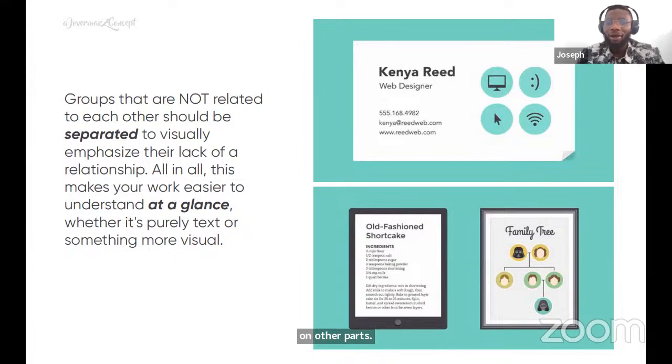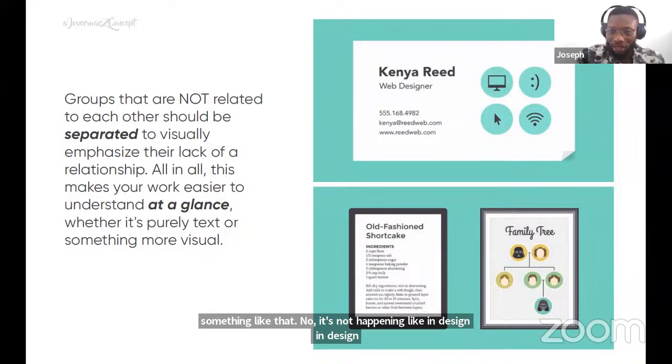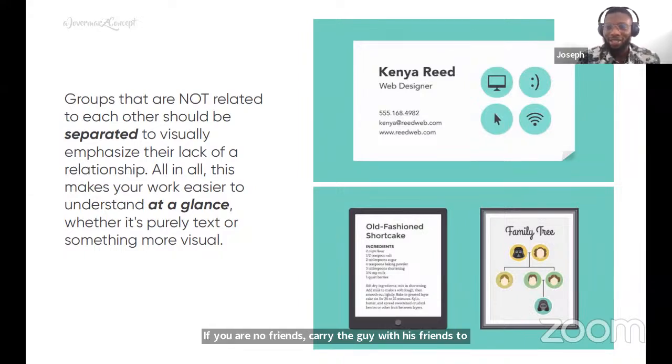Groups that are not related to each other should be separated to visually emphasize their lack of a relationship. In design, we don't bring familiarity like human beings, where we say, we're not friends, but I can just sit close to them. No, it doesn't happen like that in design. In design, if you are not friends, carry the guy with his friends to another side. Do you get?